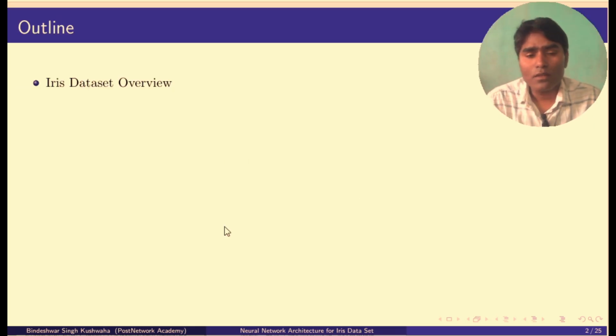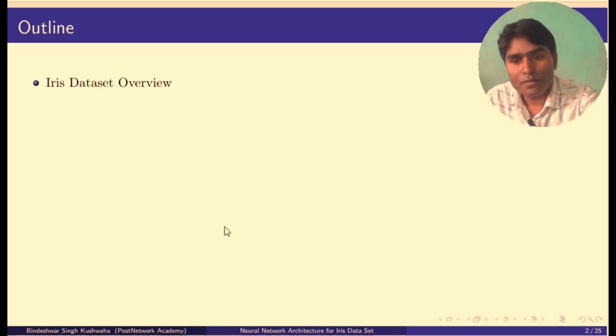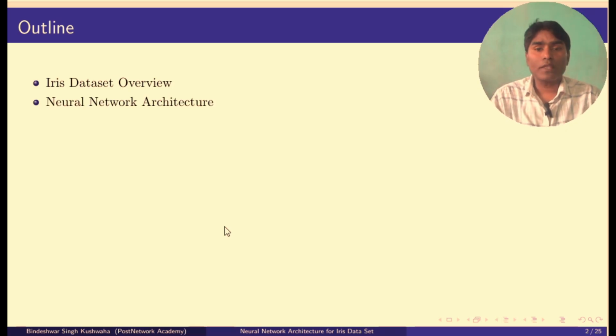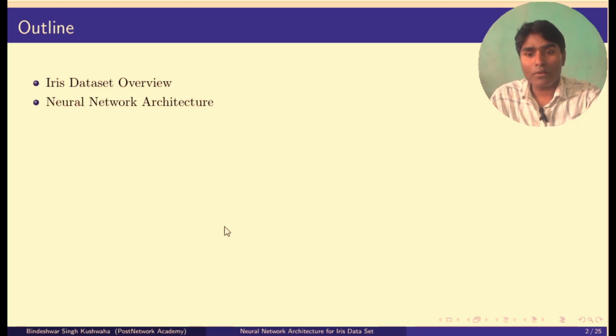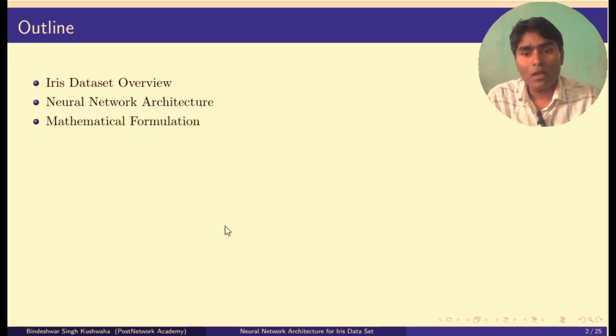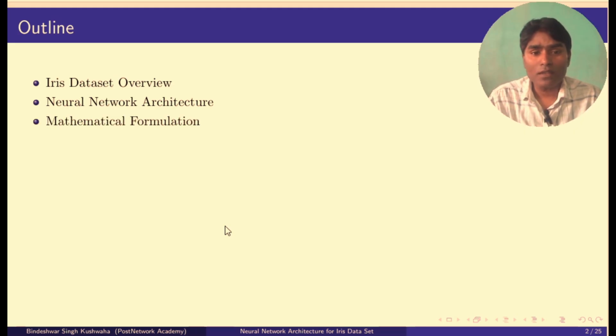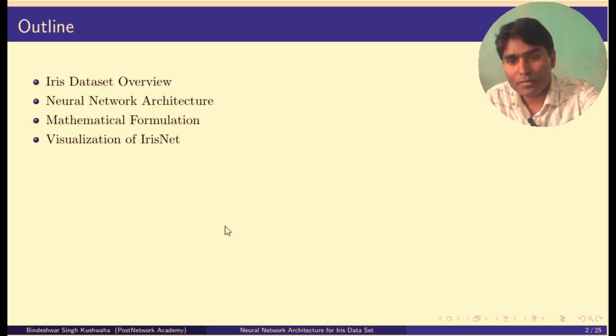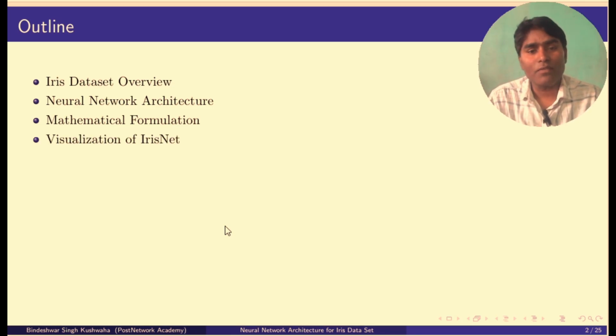So here let us see the outline. First we will see the Iris data overview. Thereafter, what is the architecture of the neural network? Mathematical formulation, that is essential for any deep neural network. Visualization of IrisNet.